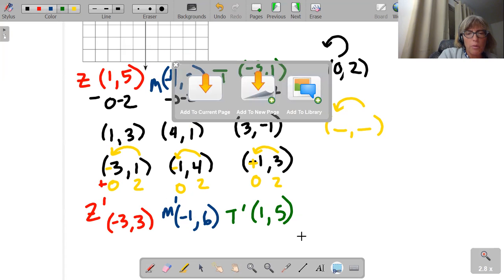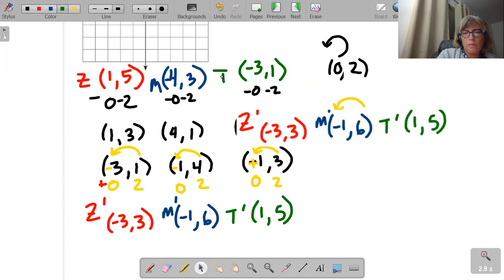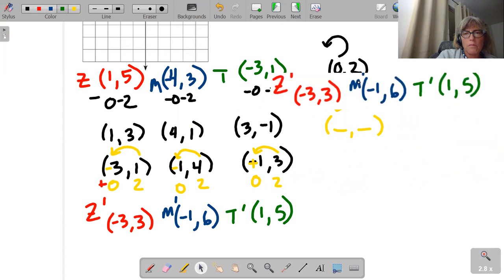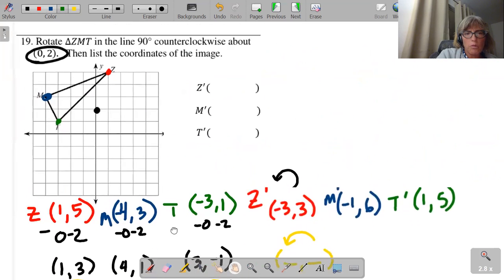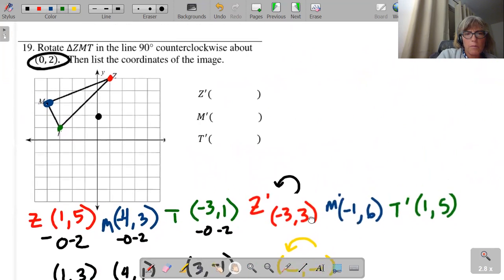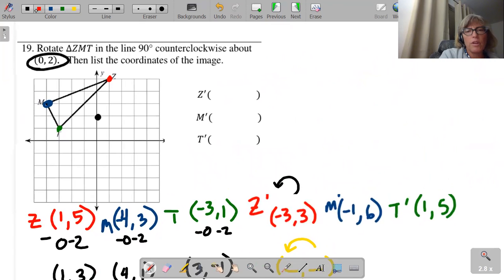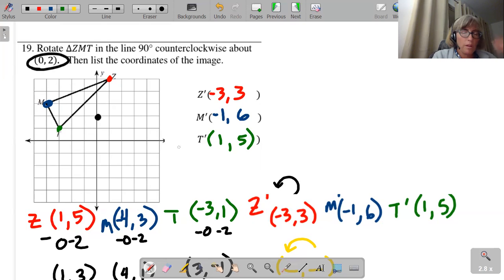So we're going to take these 3 points. Moving back up here. And we have here negative 3, comma 3 is our Z prime. Negative 1, comma 6 is our M prime. And 1, comma 5 is our T prime. Our origin point was 0, 2.